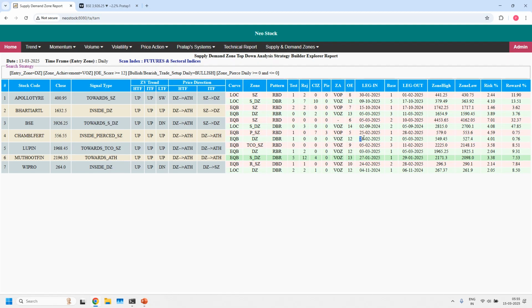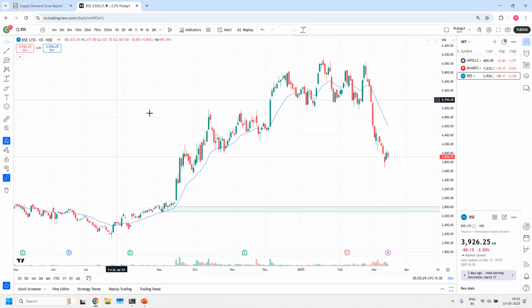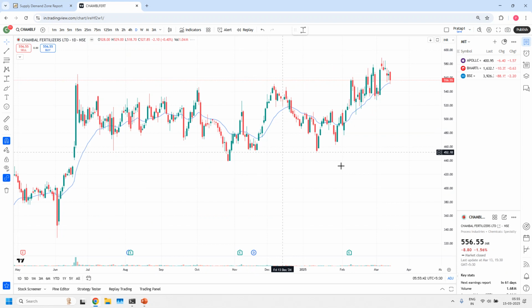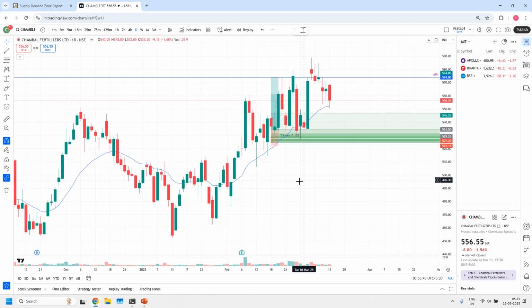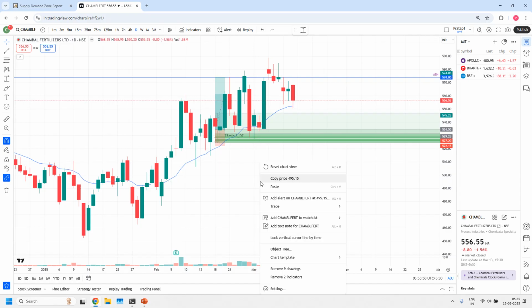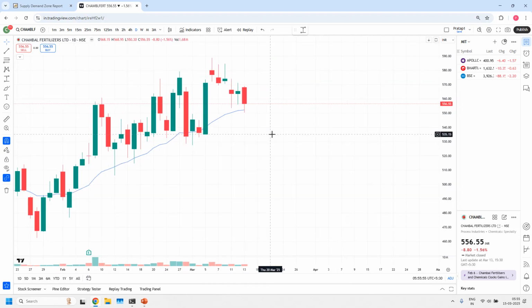The demand zone, this is on 28th February 2025, two base candles and a rally candle.